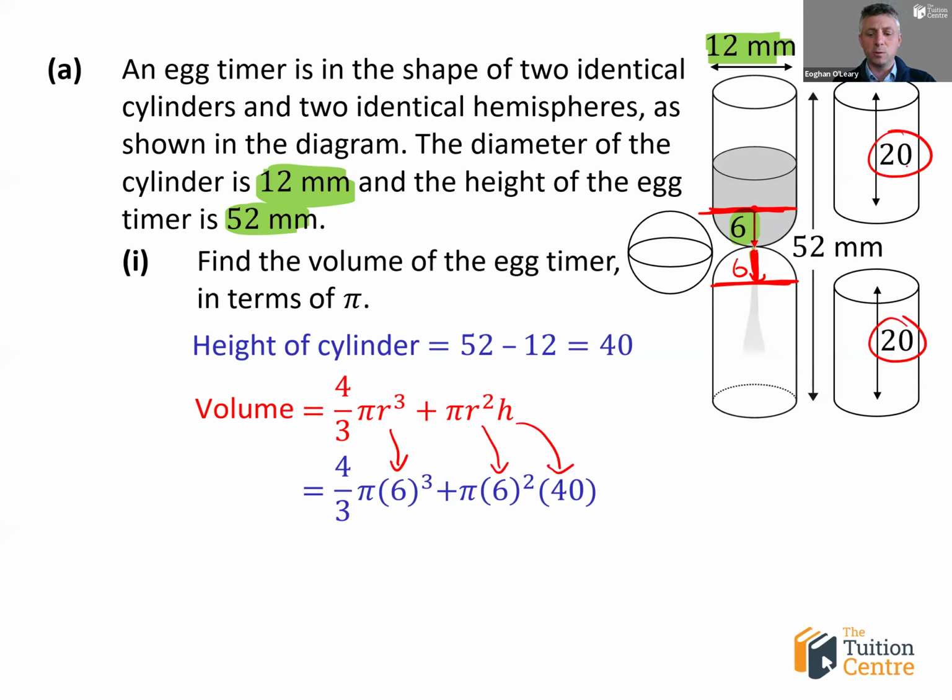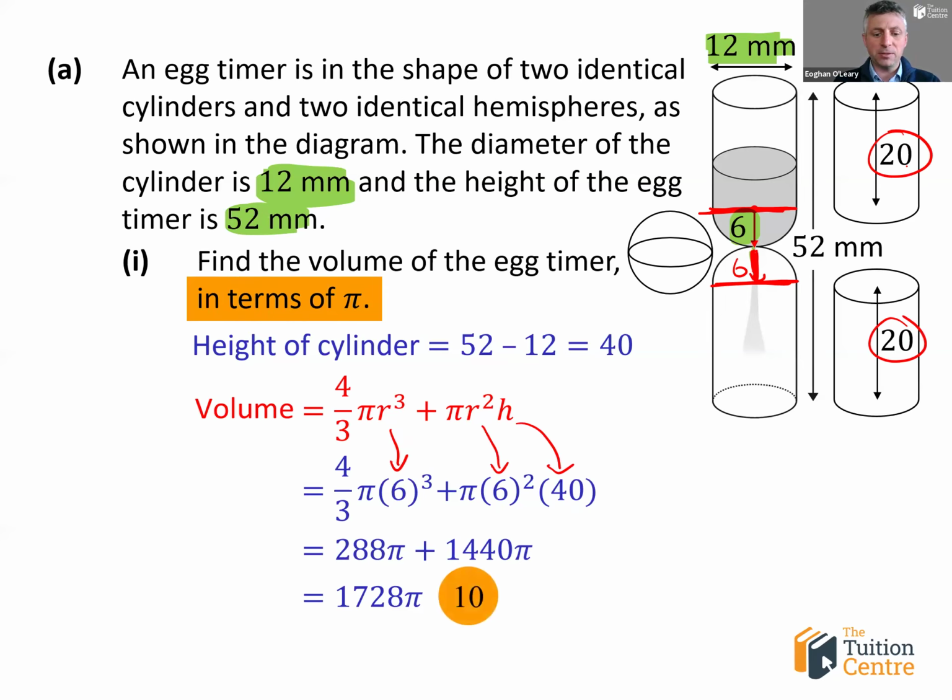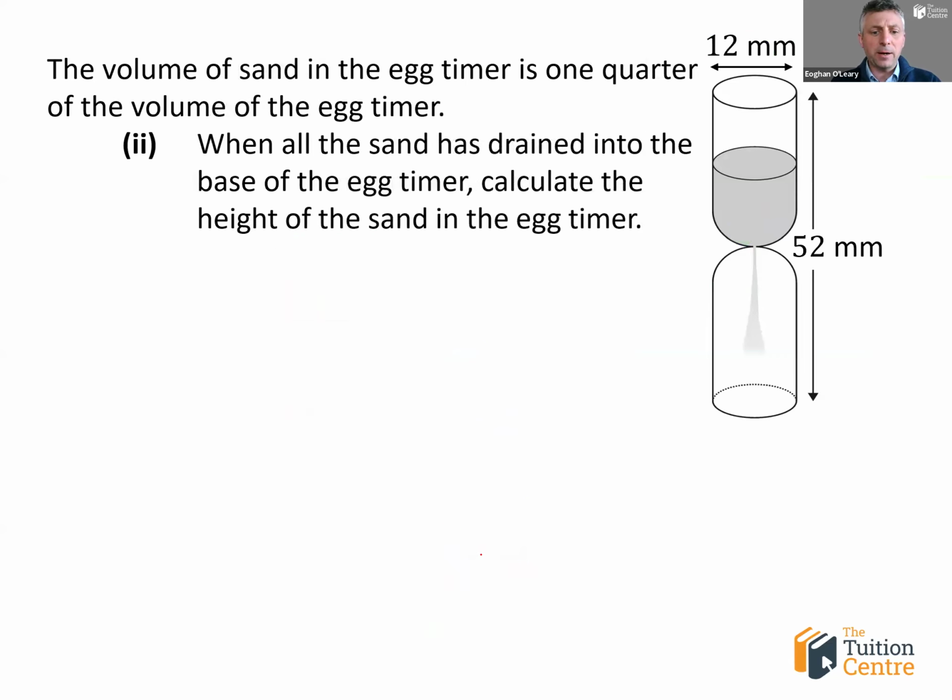Because we can just join those 2 together to say there's one cylinder rather than getting one and doubling it. And in terms of pi, it's 1728 pi, and because it's volume, we should include a millimeter cubed in there as well to make sure we have our unit. So 1728 pi millimeters cubed.